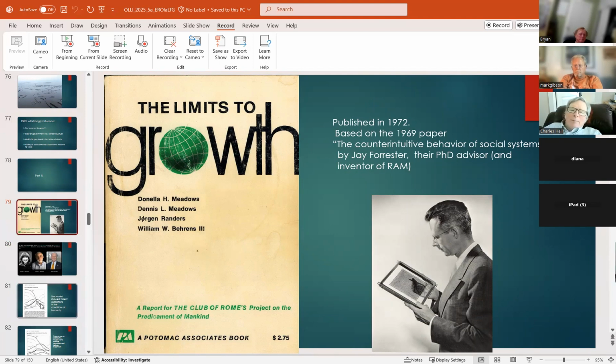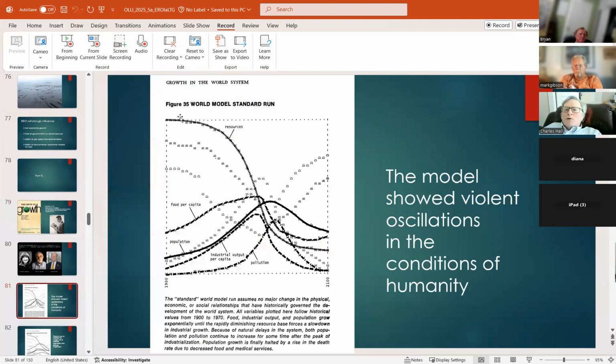And they made computer models that had just about 7 parameters. Resources, they didn't say which resources, and food per capita, the human population, notice that peaks and declines, industrial output per capita, and pollution.